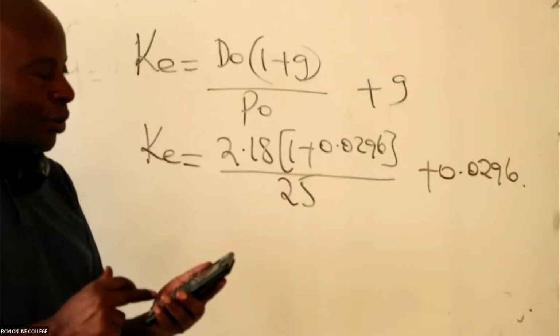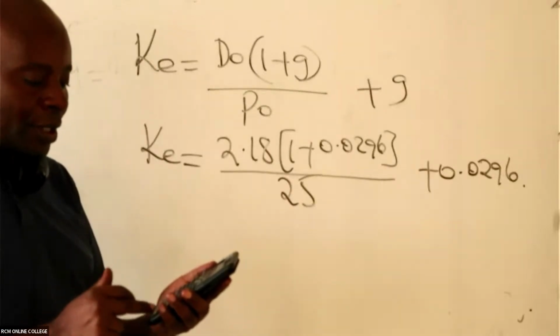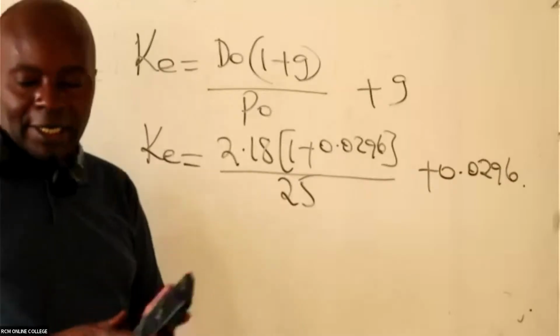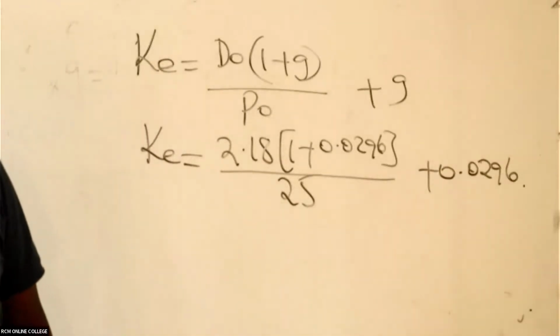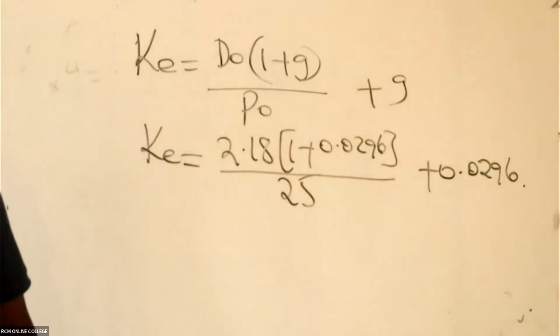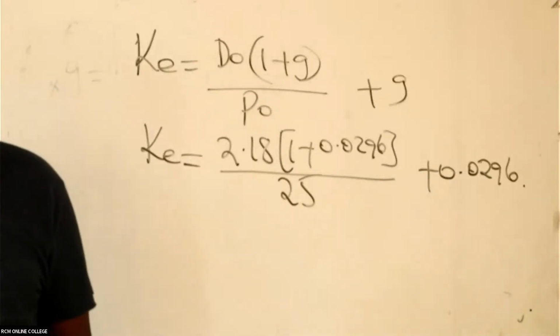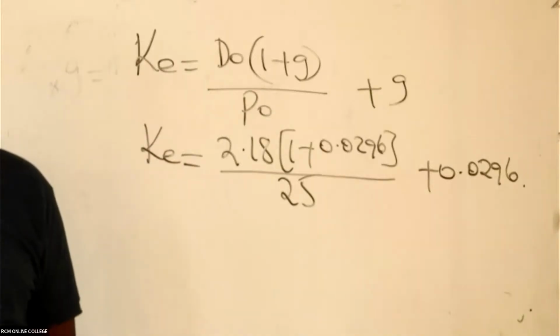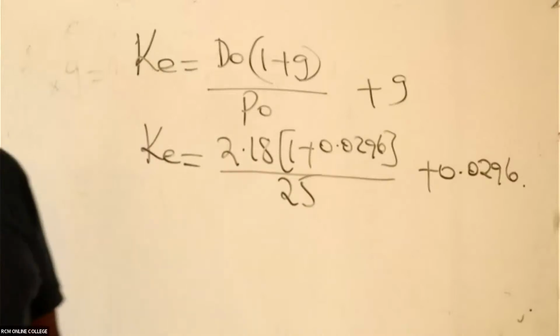Which will end up giving us... let me first of all hear from you. What are you able to get as your cost of equity? Is there somebody who's getting 11.9, something like 12% cost of equity?